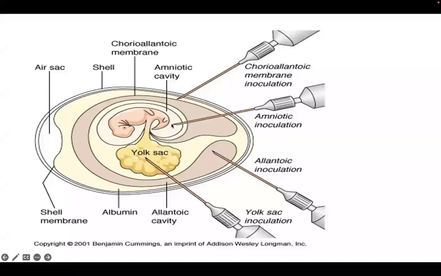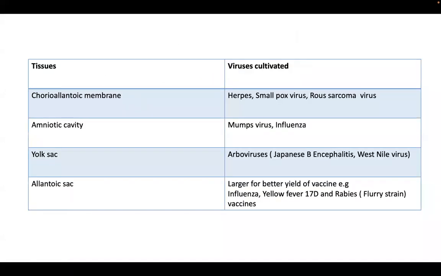And then the section after the amniotic cavity is the allantoic cavity. And then now the allantoic membrane. So the allantoic cavity is bigger compared to those other sites, and different viruses are inoculated and cultivated at different sites of the egg, as we shall see on the next slide.